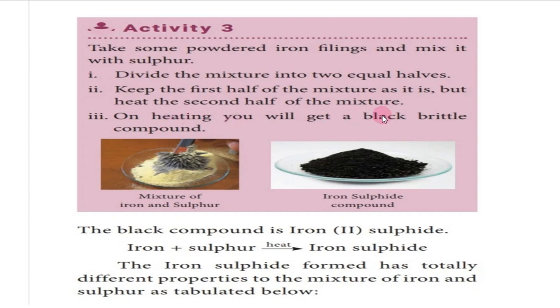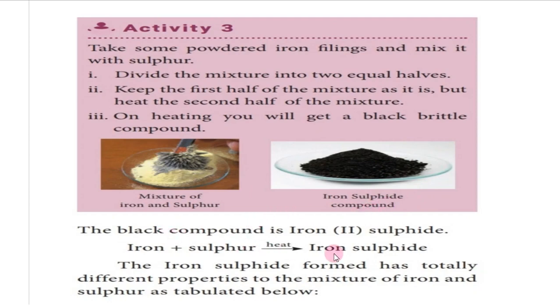On heating, you will get a black brittle compound. Black brittle means easily broken. So you will get this black brittle compound, which is called iron sulfide compound.